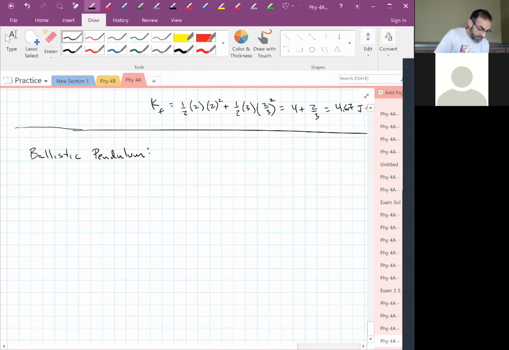A ballistic pendulum is a device used to measure the speed of a projectile like a bullet. So you set up a pendulum. Say it's a block of wood.